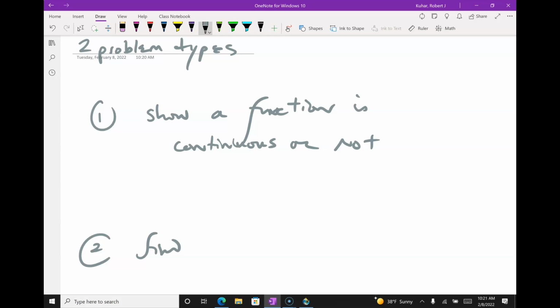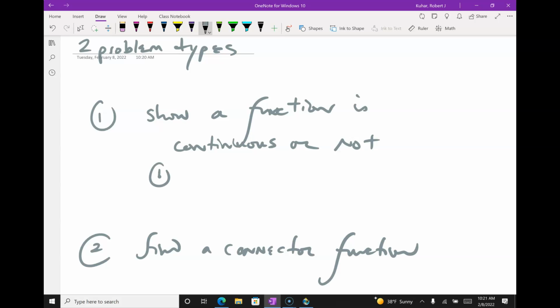Two, find a connector function. Those are my two problems. There's a whole section in the book, 2.5, about is this function continuous or not? Do those. You'll see there's a whole section of them, maybe 12 problems, maybe 18 problems. It says show this function is not continuous, and then there's another set that says show it is continuous. So what's my process?